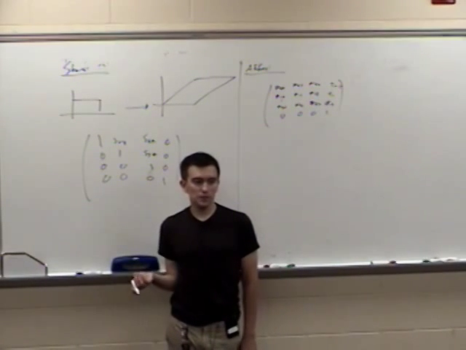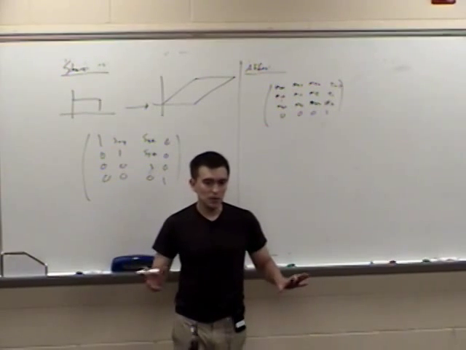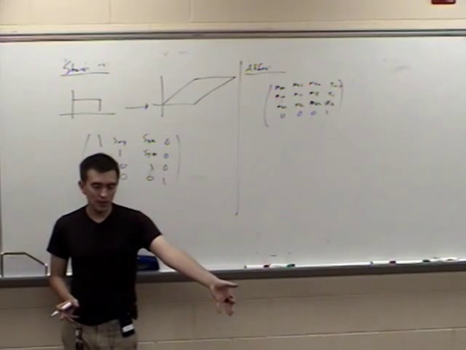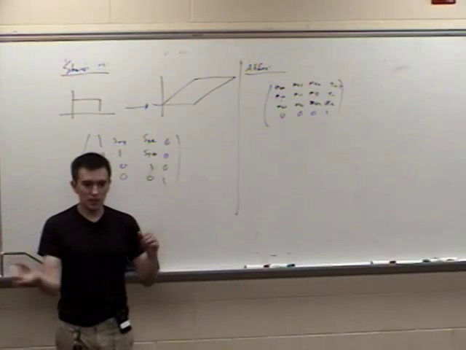So an affine transformation can basically be any sort of arbitrary linear transformation, which is to say it can be a combination of a shear, an orthogonal transformation, scaling, and a translation. So you can just take any of them and combine them together.